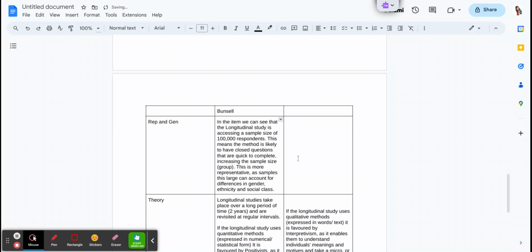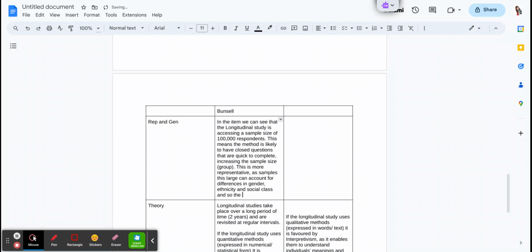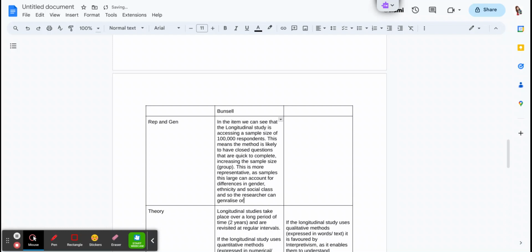This means it's more representative, as samples this large can account for differences in gender, ethnicity, social class. And so the researchers can generalize or apply results.